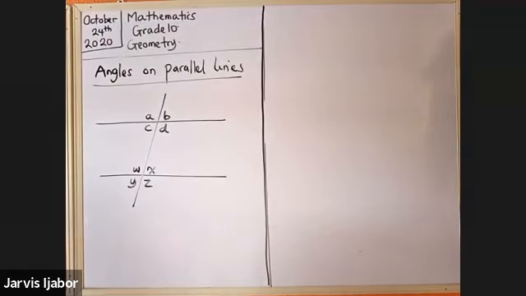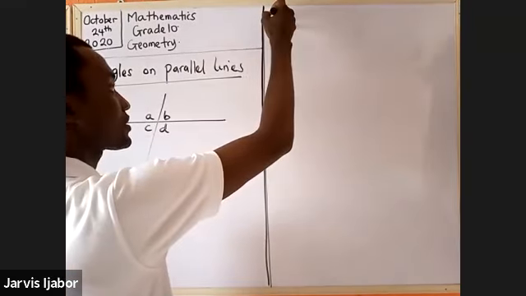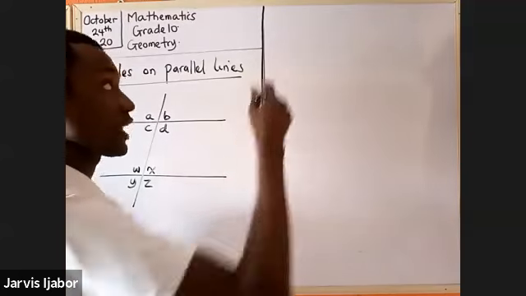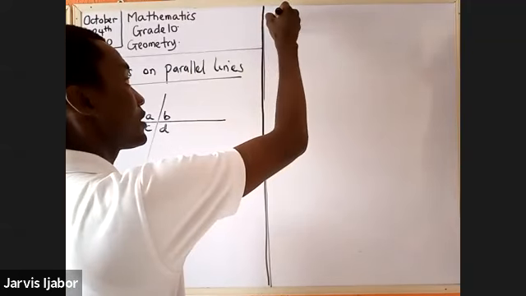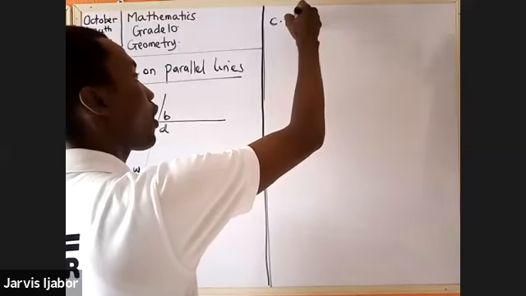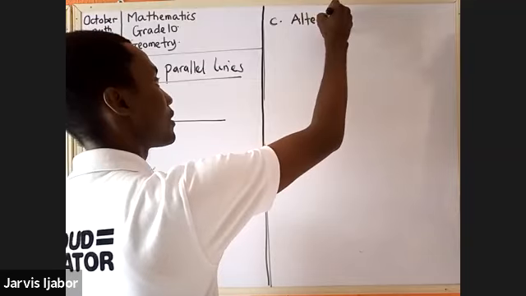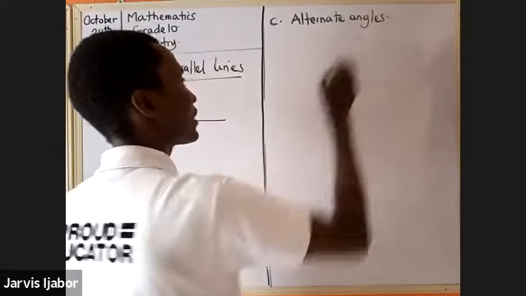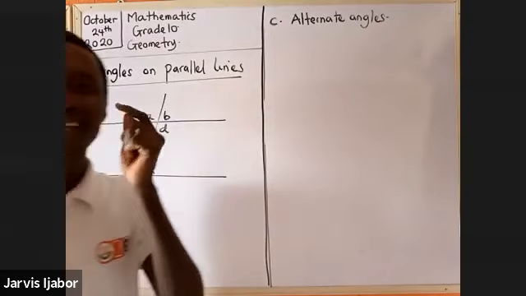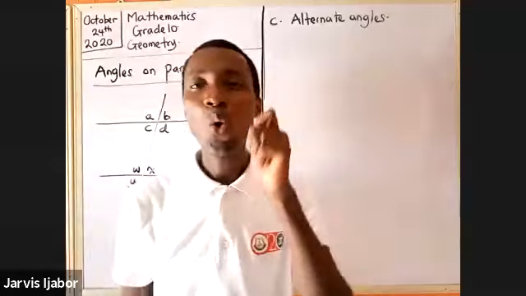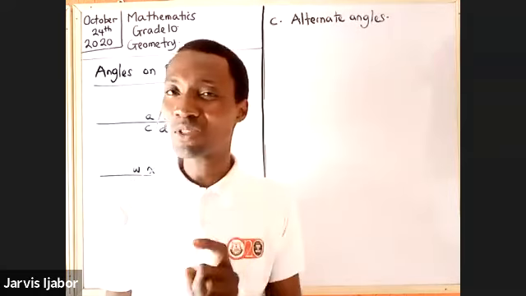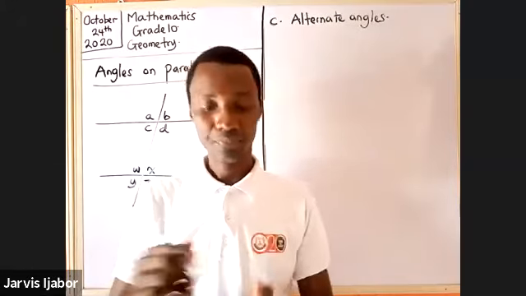Now, the next type of angle we'll consider, we've taken vertically opposite, we've taken angles on a straight line. The next one is what is called alternate angles. Now, alternate angles only apply to parallel lines being cut by a transversal.